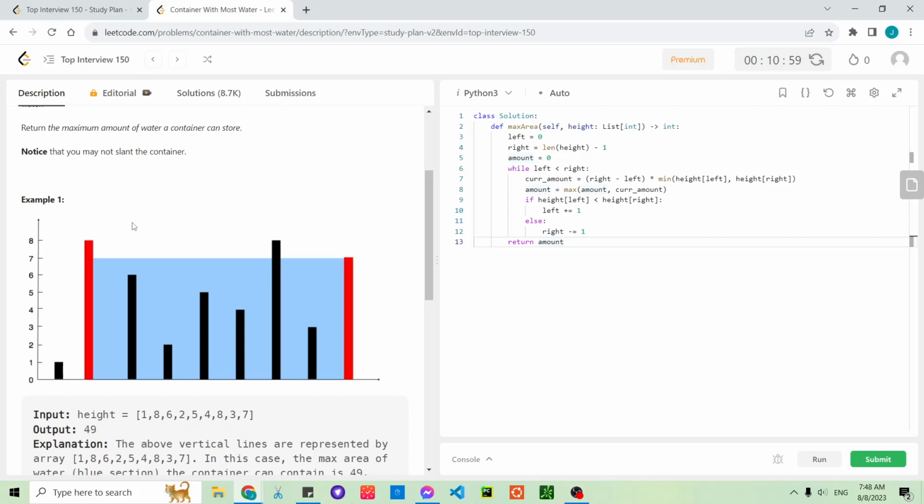So if we're moving the left pointer towards the higher one, it is still going to be lower in volume because now we reduce the length here and we're still using the lower height.